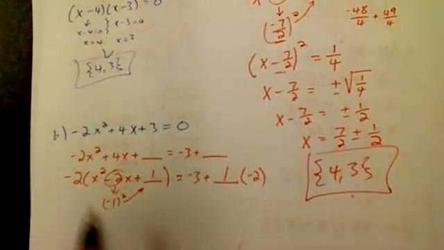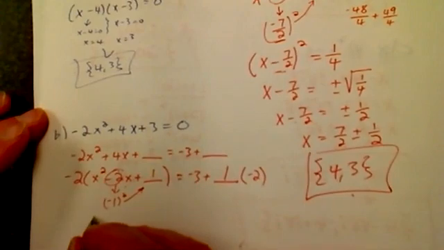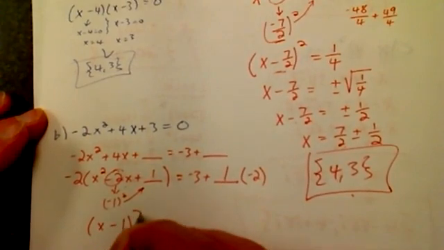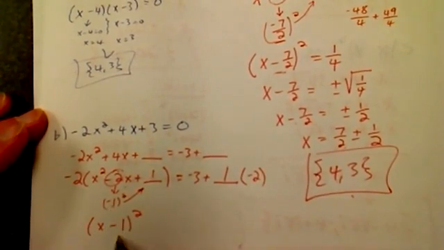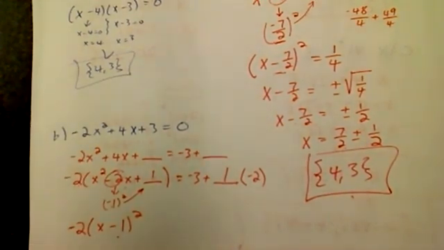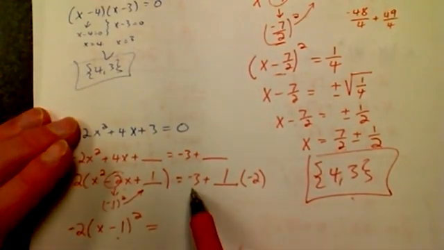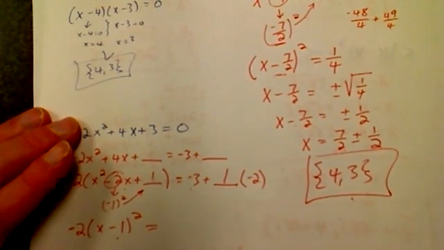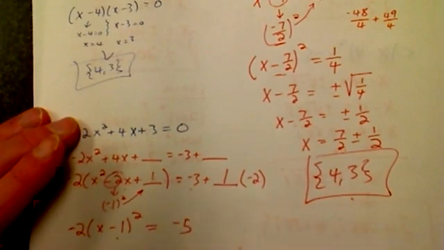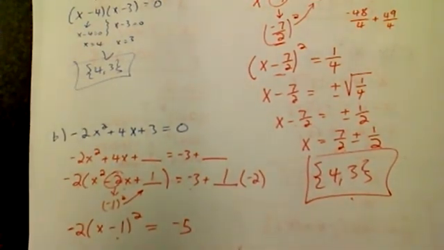And you'll notice that this factors once again exactly as x minus 1 squared, whatever number's here. And I've got this negative 2 out here, so I don't want to forget about that. This is equal to negative 3 plus negative 2, which is negative 5. So before I take square roots, let's take care of that negative 2.